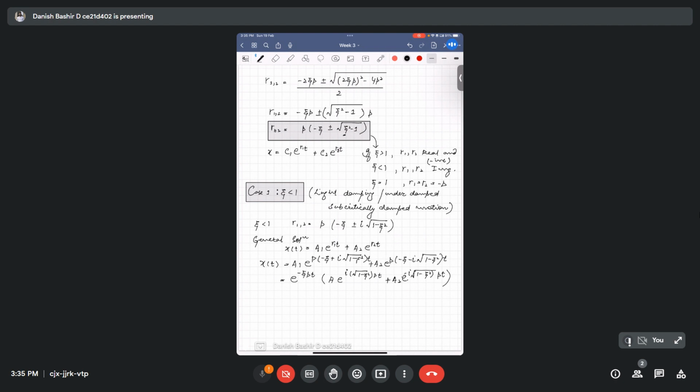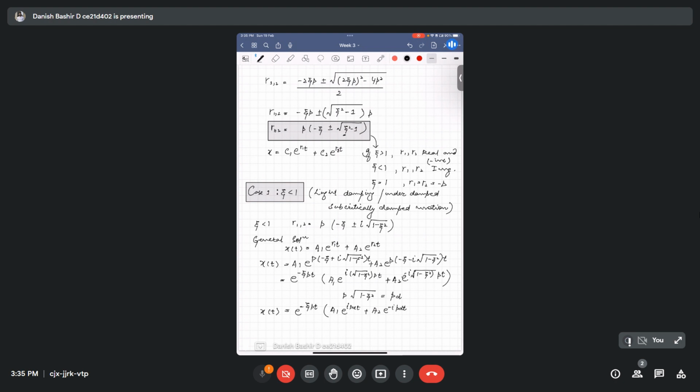If we replace this term, that is p under root 1 minus theta square, by another term pd, we will obtain x of t equal to e to the power minus theta pt times a1 e to the power iota pdt plus a2 e to the power minus iota pdt.